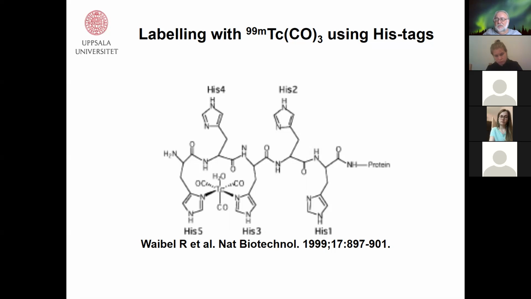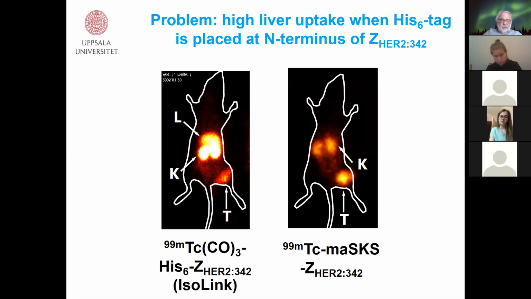As I mentioned, it was published in Nature Biotech; it's not that easy to publish chemistry in Nature. We did try to apply it to affibody molecules. And what we found was quite high liver uptake. Kidney we expected to have, but liver was also very clearly visible, and it was brighter than tumor.